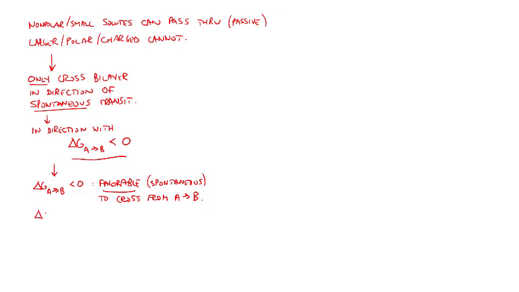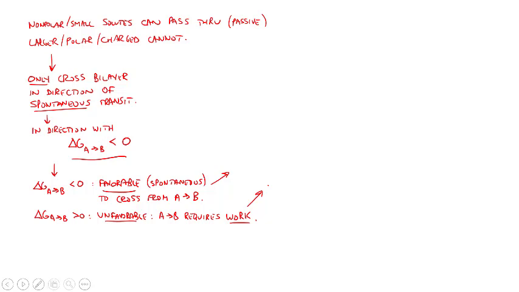Now, if you had transit where the delta G of moving from A to B was positive, that becomes unfavorable, which means that if you wanted to go from A to B, you're going to have to do some sort of work. So what we have here is a case of spontaneous versus non-spontaneous transit.